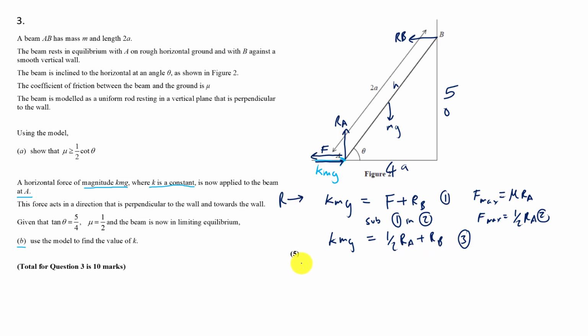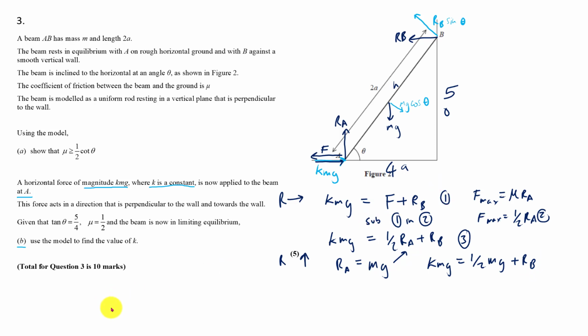Now if you resolve vertically first, that's fine as well. You'll eventually see what you need to do, but let's resolve vertically. What's going up? We have RA. It's going to equal what's going down, so that equals mg. So we know RA equals mg, we can substitute it into here. So now we're going to get kmg equals a half mg plus RB.